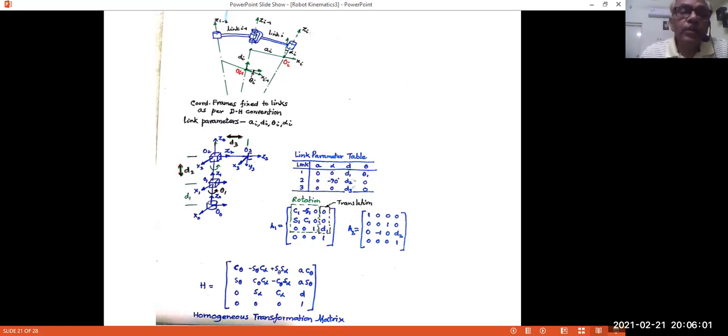In the gripper, I fix a frame O3 and I make Z3 along this direction, preferably coinciding, collinear with Z2. The direction of X3 for this frame will be perpendicular to Z2 and Z3, the common normal, because they're collinear.